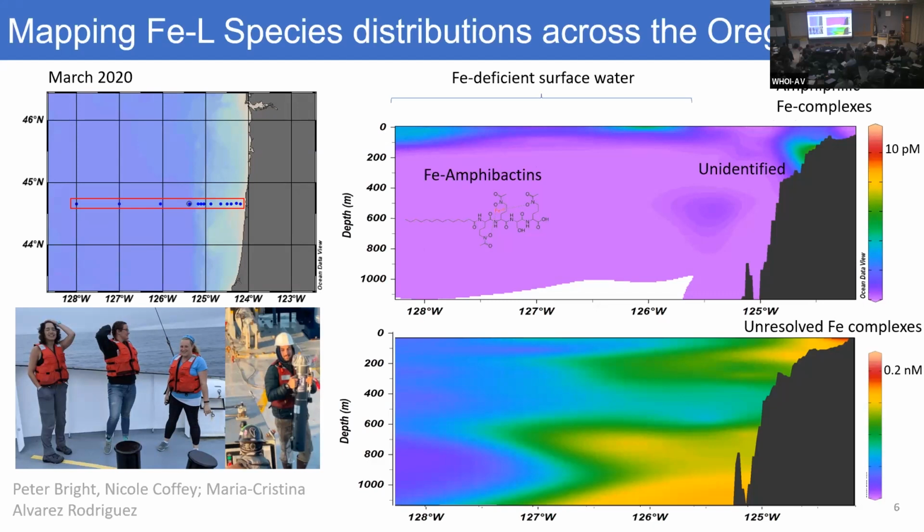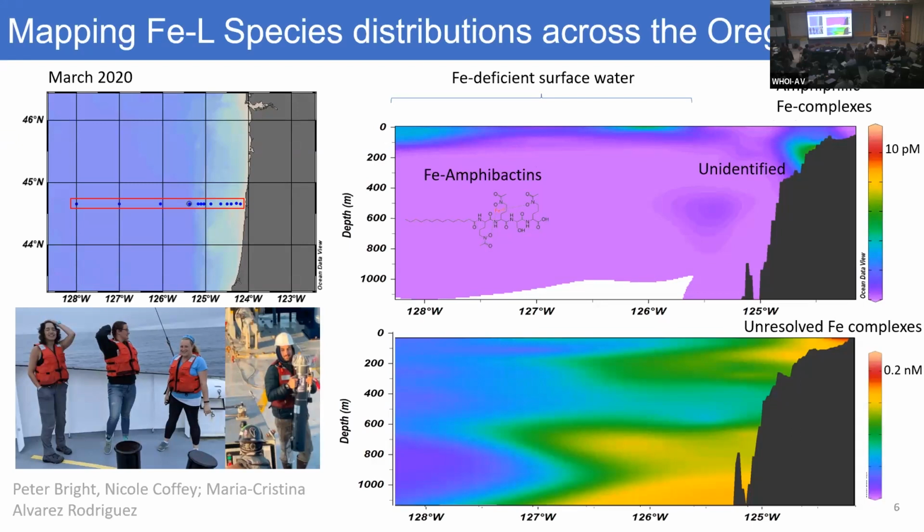This bottom plot is showing the distribution of just these unresolved iron complexes. And we can see very clearly when you start plotting their distribution that we have significant sources from sediments, right? And that's supplying iron bound to these unresolved complexes, basically degradation products, to the deep ocean and then to the surface.